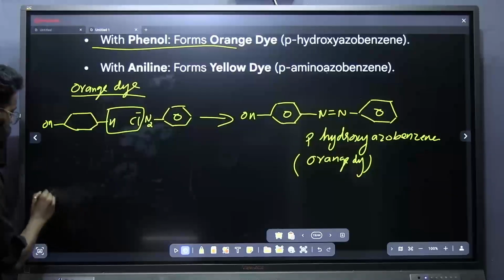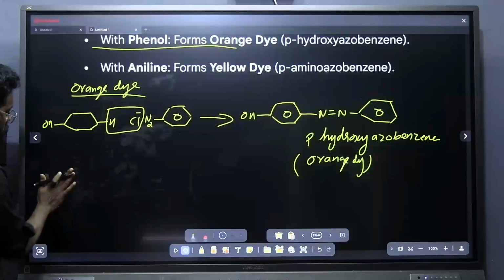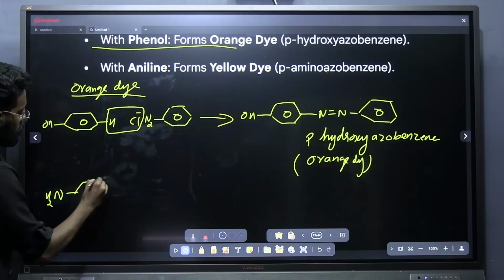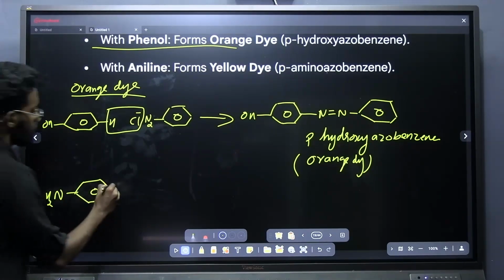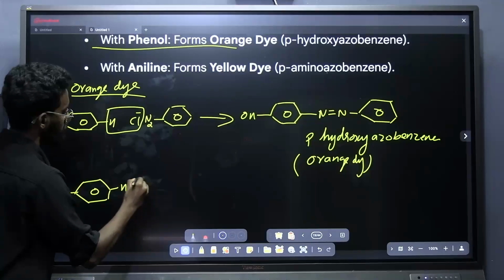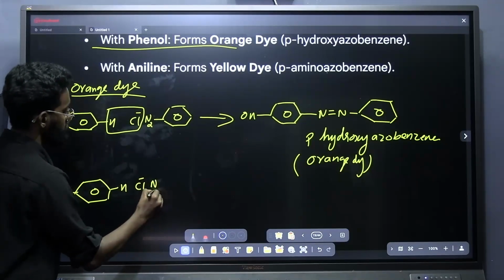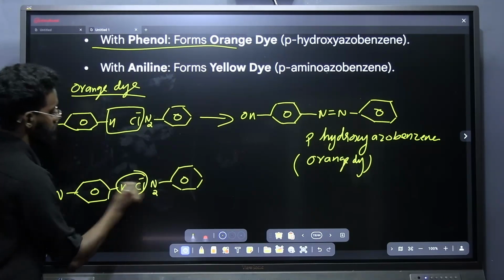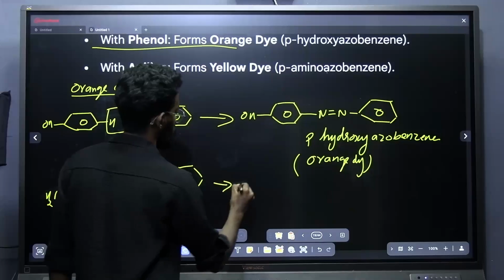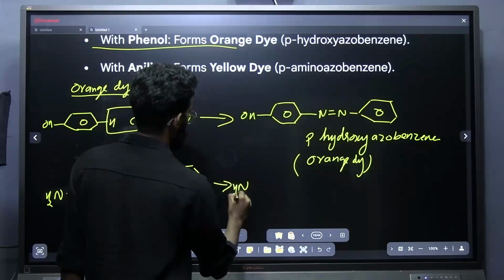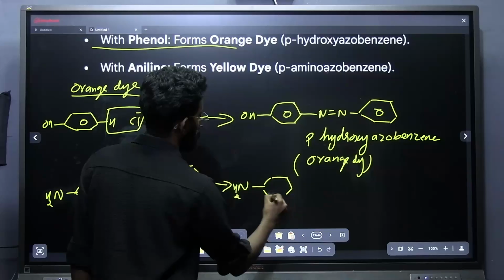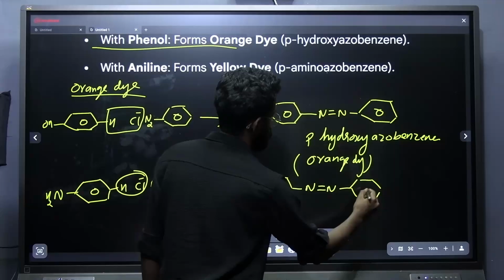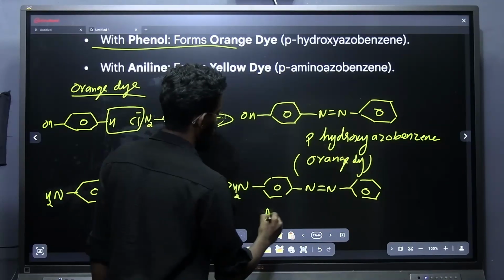Okay, now the next one, with the aniline we can produce yellow dye. Using aniline we can produce yellow dye. The same method only, there is no much difference. Here also same thing, we will be removing HCl and just coupling it together by using N double bond N. Okay, and what I got, I will be getting aniline yellow.